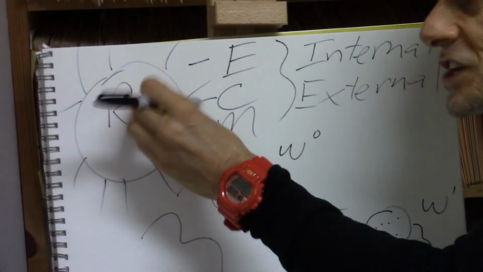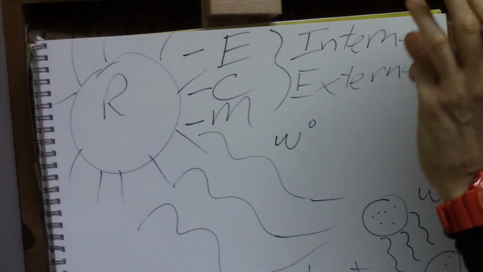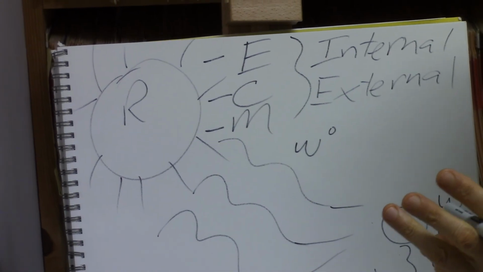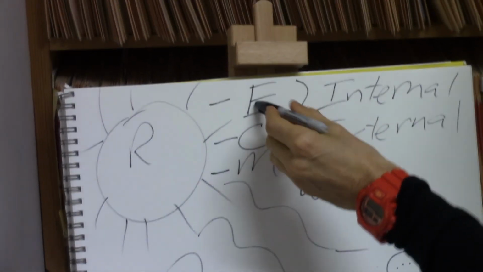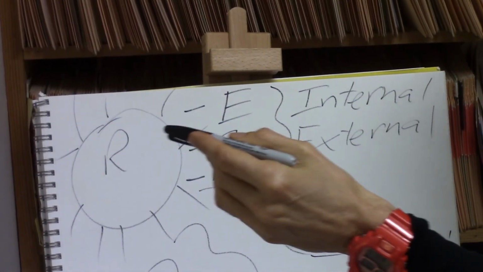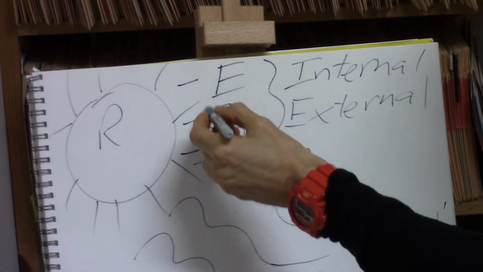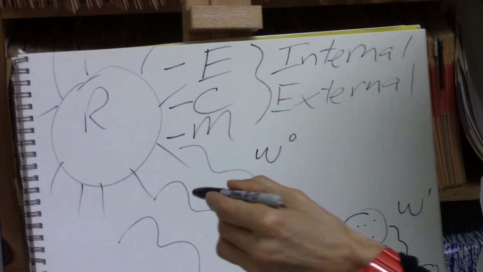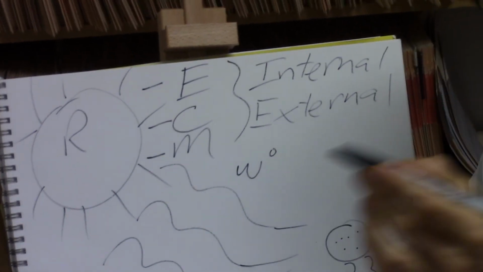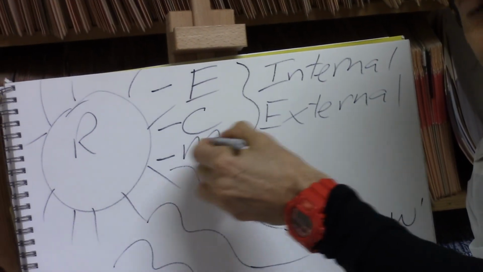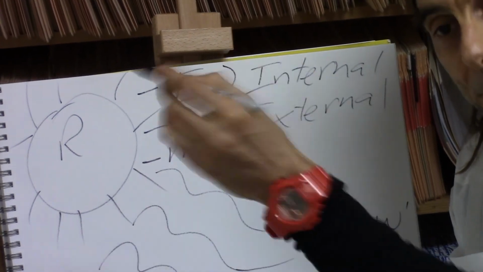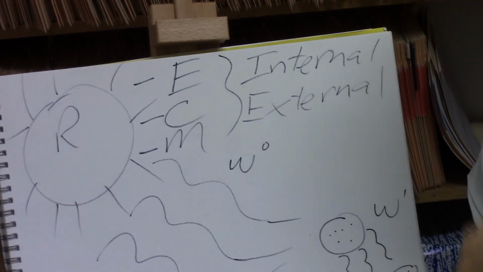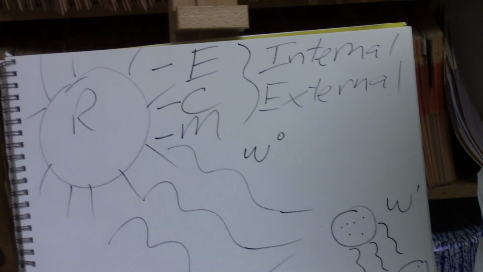Now, this energy can be produced from 3 different domains. It can be produced from the environment, from outside our body. It can be produced through a chemical reaction, both outside the body and inside the body. And it can be produced by a mechanical load, again outside the body or inside the body.